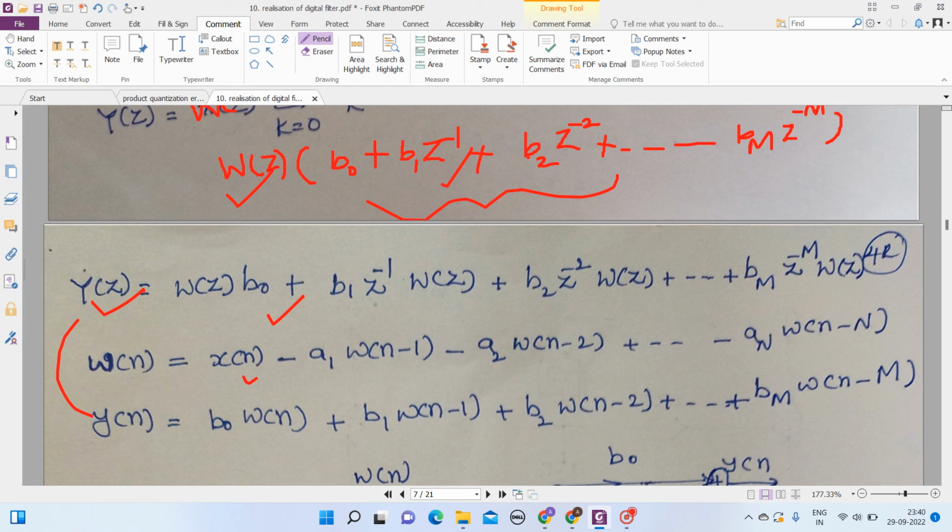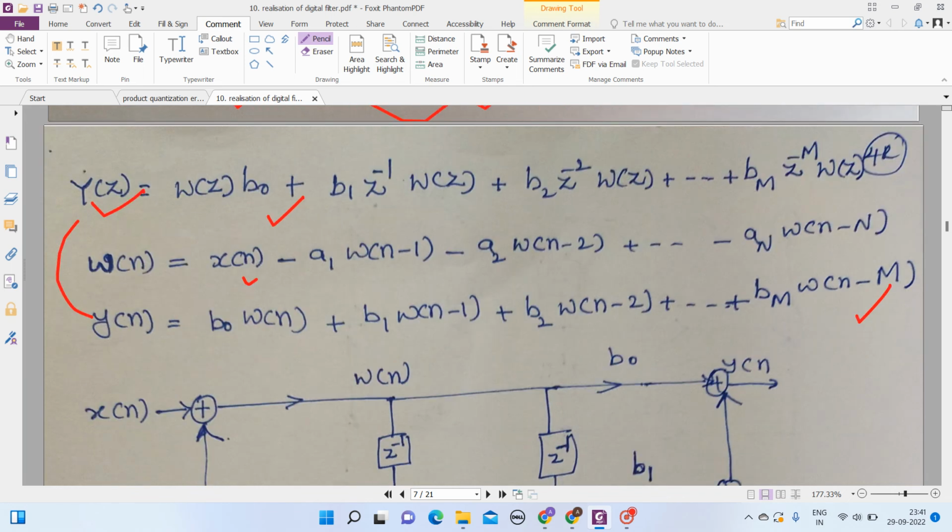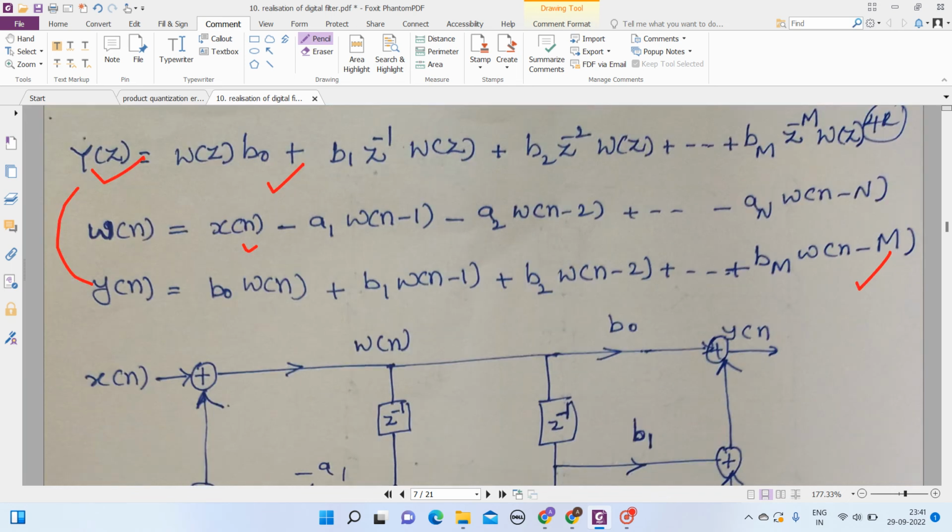It becomes b naught w of n plus b1 w of n minus 1 plus b2 w of n minus 2, up to b subscript m w of n minus m. That's all. This is our second equation. By using these equations, we will draw the direct form 2 structure.